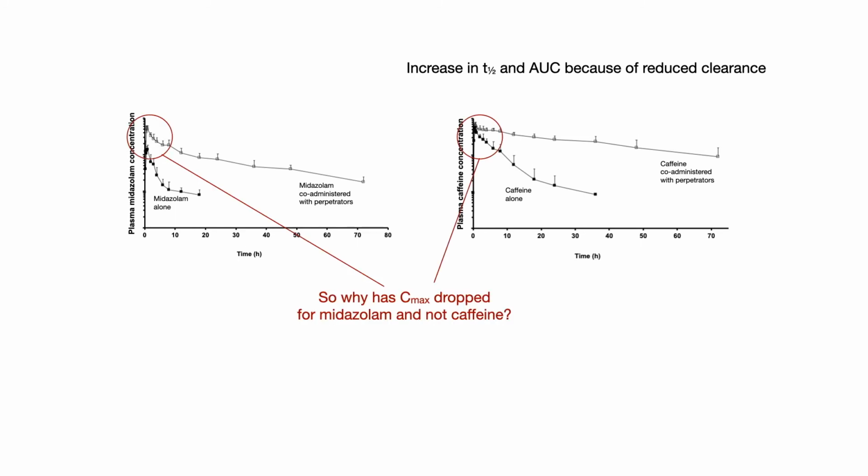But there is also a difference here in their Cmax. Why is the Cmax dropped for midazolam and not caffeine? Well, why don't you pause the video and have a little think about that and see if you can come up with an answer. I will just carry on going and tell you really what's happening here.